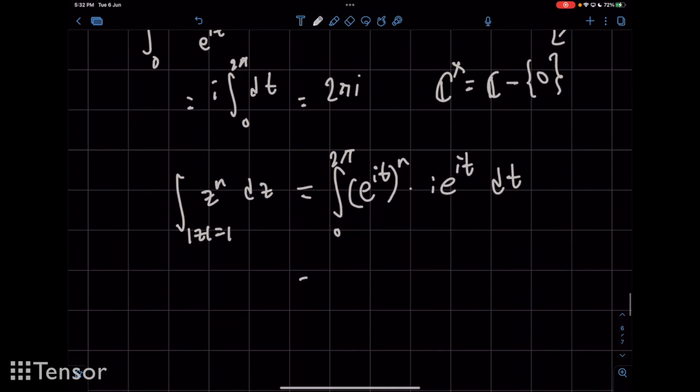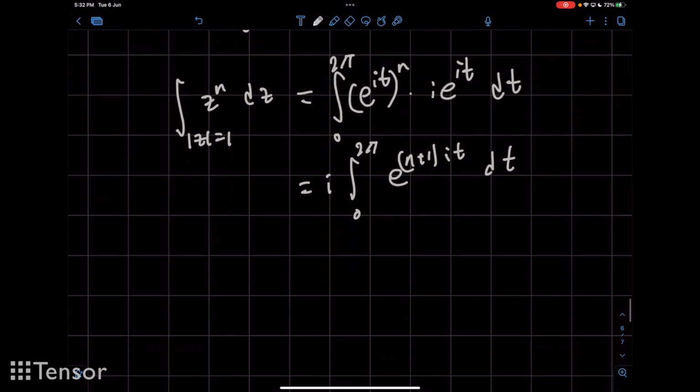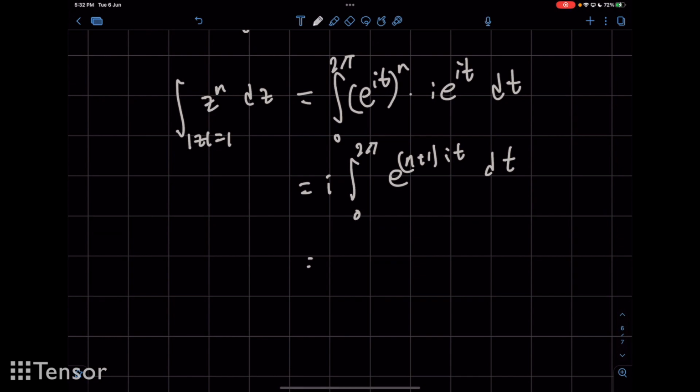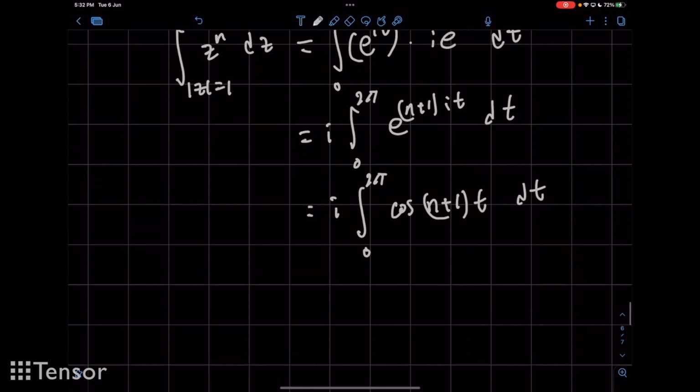I can take the i in front of the integral, so that is i times the integral from 0 to 2 pi of e to the power i(n plus 1)t. We can split up the real and imaginary parts, so we have i times the integral from 0 to 2 pi of cosine of (n plus 1)t dt, minus the integral from 0 to 2 pi of sine of (n plus 1)t dt.